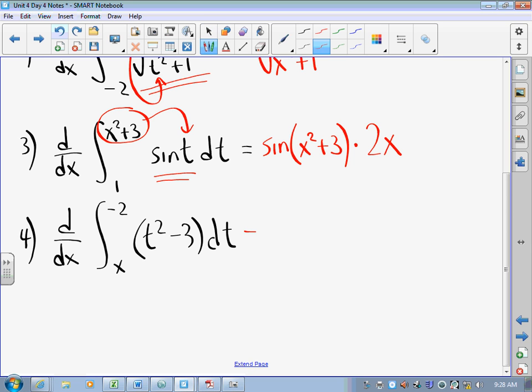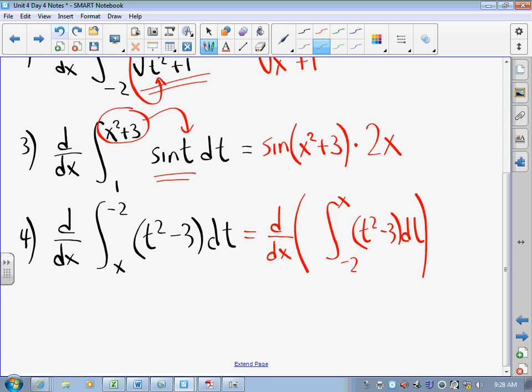That turns out to be not too big a problem, because if we want to turn it the right way, where the number's on the bottom and the x is on the top, all we have to do is say when we read this backwards, we have a negative in front. And so the derivative in question is just negative x squared minus 3. When we read backwards, there's a negative in front of our function.